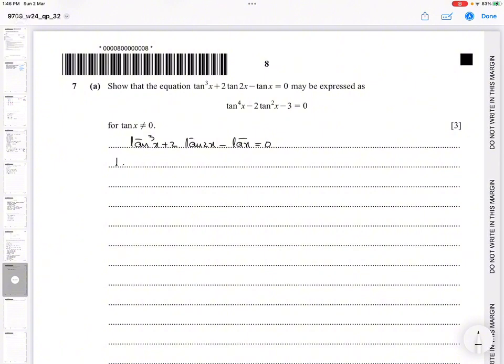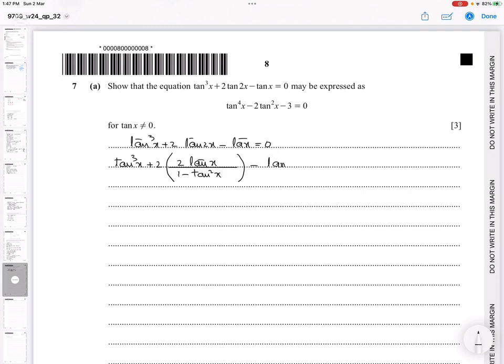I replace tan 2x with its identity, which is 2 tan x over 1 minus tan square x.